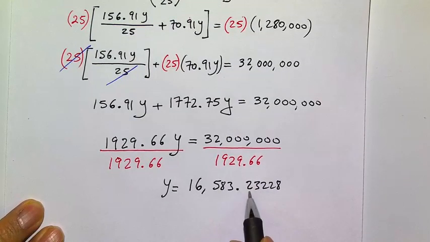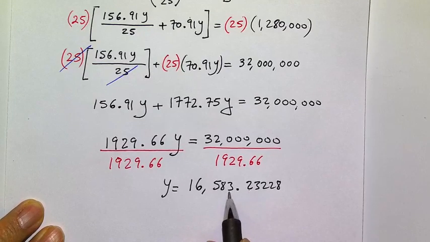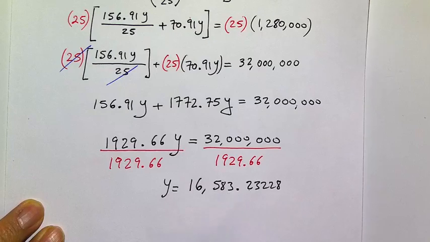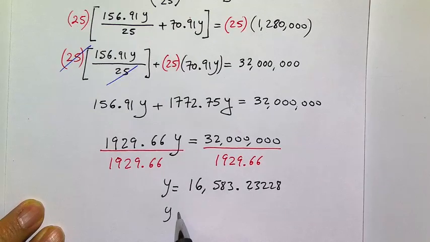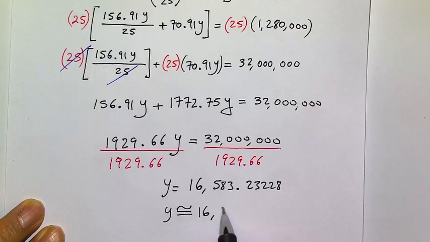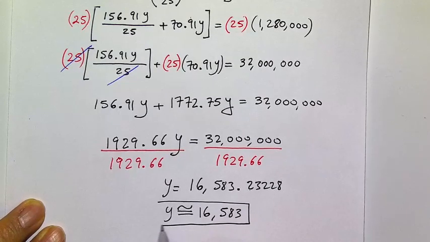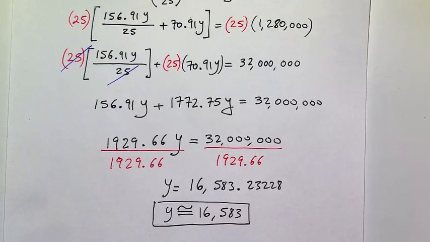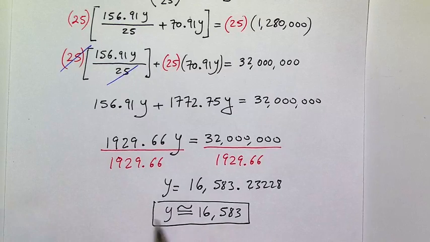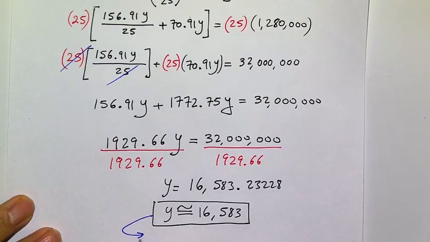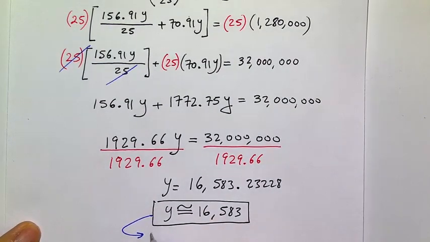Notice that this first decimal value is less than 5, so we're going to keep this 3 as it is. We're not going to round it up. So Y equals 16,583 people purchased the tickets a month or so, a month or more in advance. So let me make that clear here. This is the number of people.